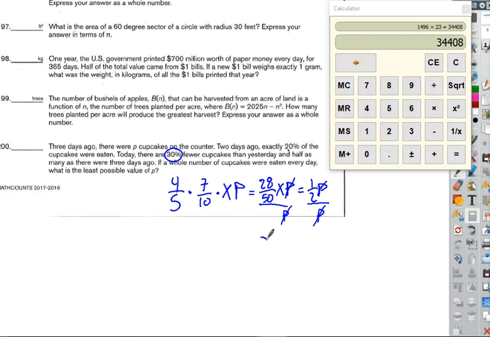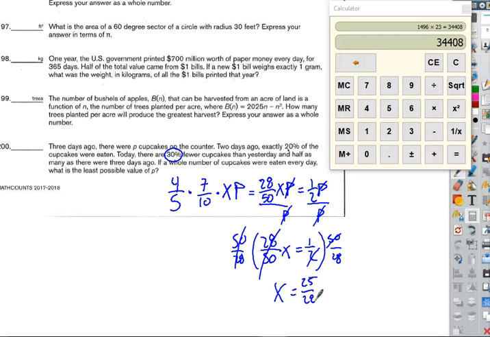And so I get 28/50 x is equal to 1/2, multiply by the reciprocal, which is 50/28. These cancel out here. So I get x is equal to 25/28, right? So that is the scale factor by which I am working.